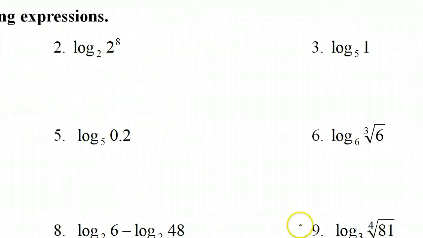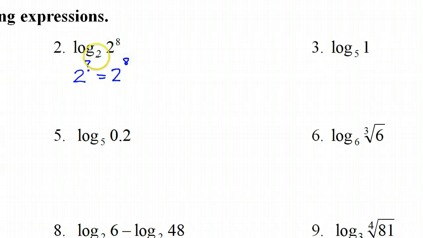Alright, looking at number 2. If you use the shortcut, log base 2, the answer is going to be 8. But the proper way to show your work is by showing that we ask ourselves the question, 2 to the what power is equal to 2 to the 8th power.